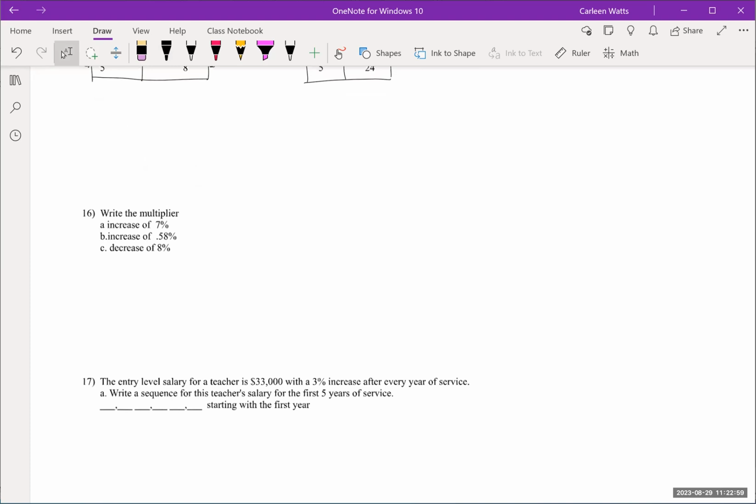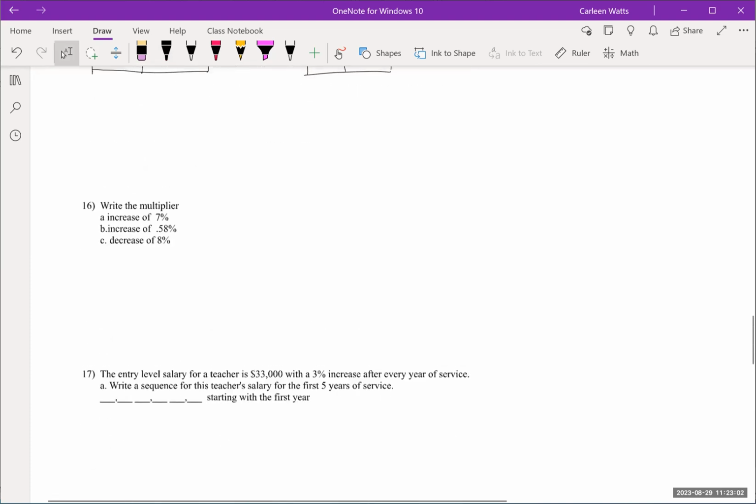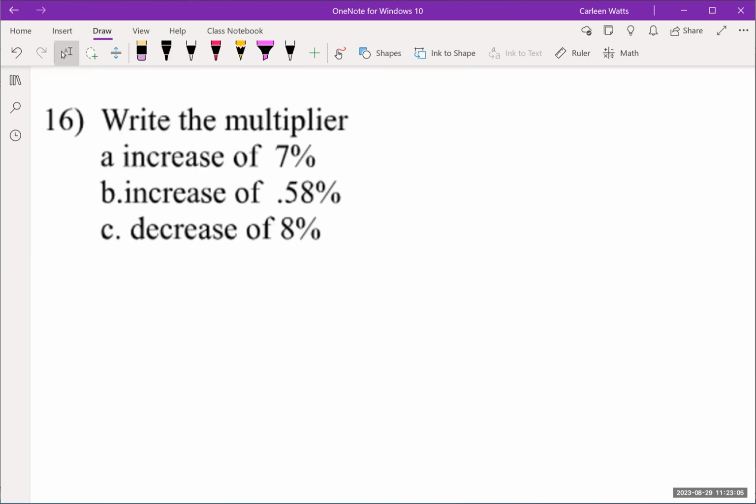Now, we are going to do some word problems. Okay. And they're going to involve percentages. So, increase of 7%. You start with 100%. You add 7%, right? Because you have a 7, you have 100. If it increases by 7%, you now have 107%.